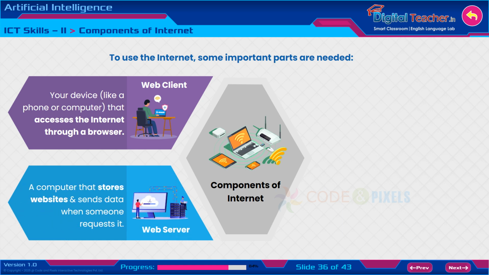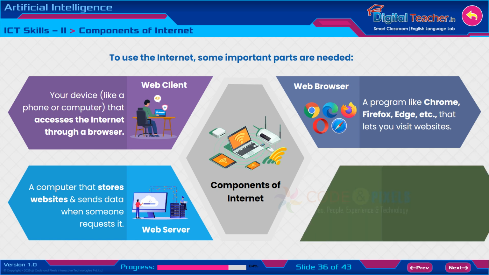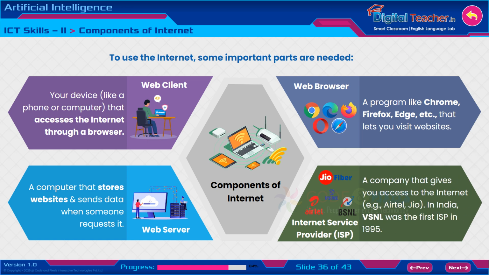Web server, a computer that stores websites and sends data when someone requests it. Web browser, a program like Chrome, Firefox, Edge, etc. that lets you visit websites. Internet service provider, a company that gives you access to the Internet. In India, BSNL was the first ISP in 1995.